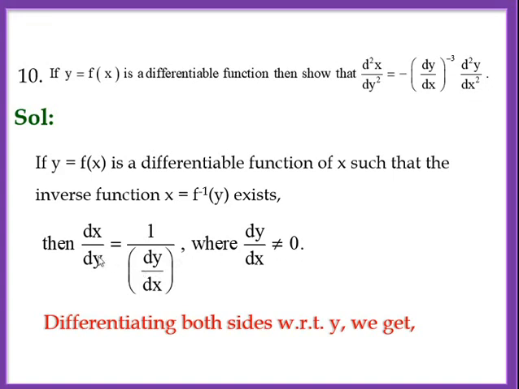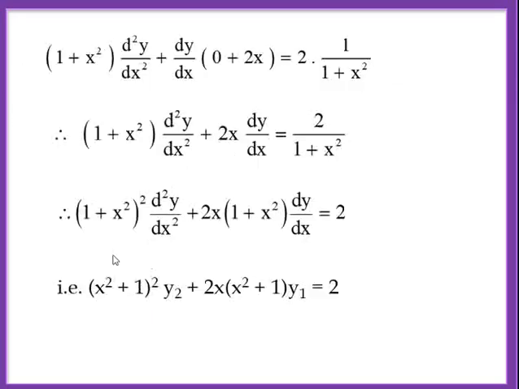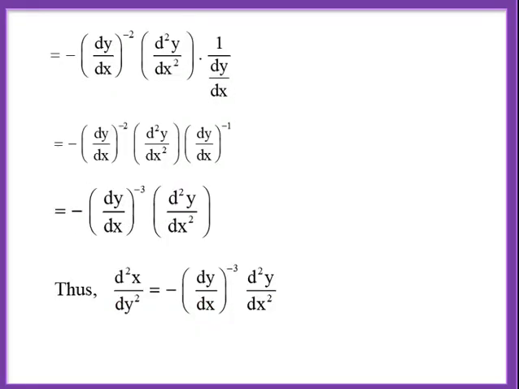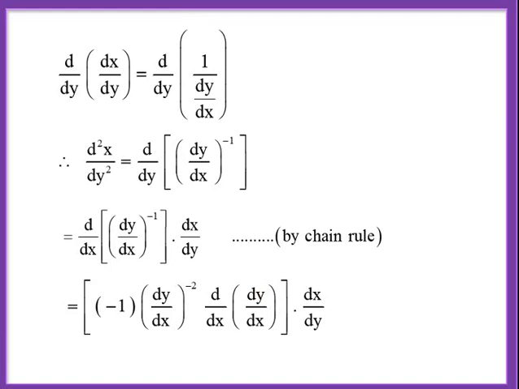Remember, we are now differentiating with respect to y. So in the next step you can see d2x by dy square. So d/dy of dx/dy equal to d/dy of 1 upon dy/dx.